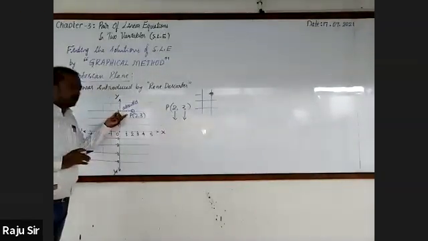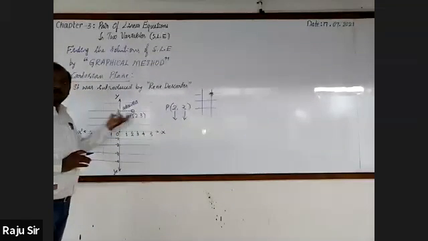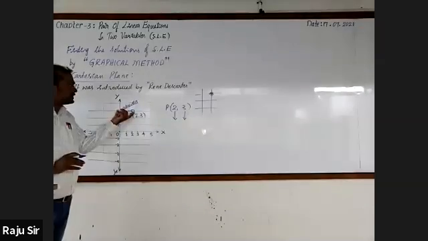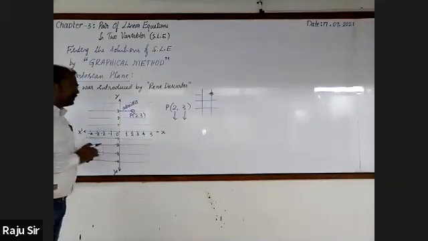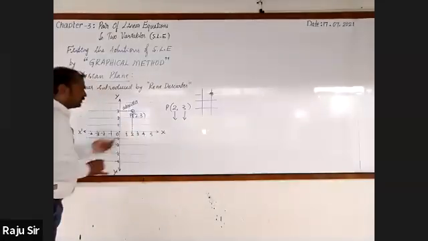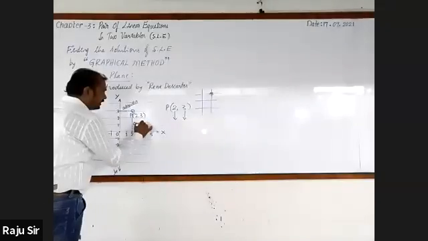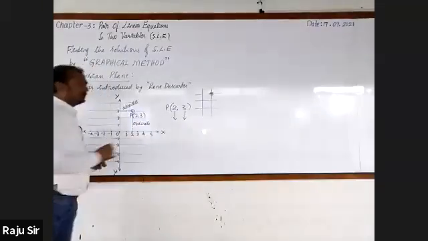The distance between the given point and the y-axis, that is abscissa. And the perpendicular distance from the point to the x-axis is ordinate. Right.